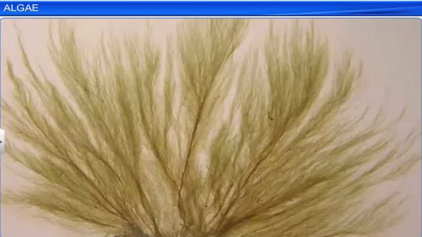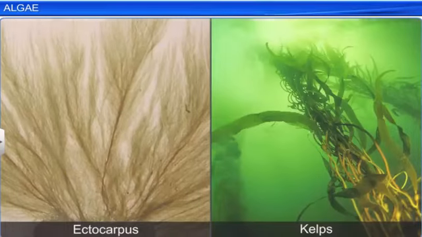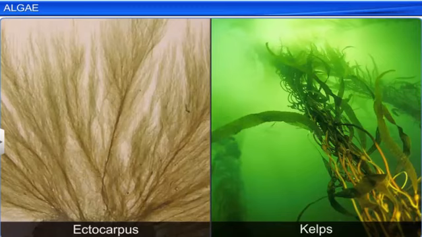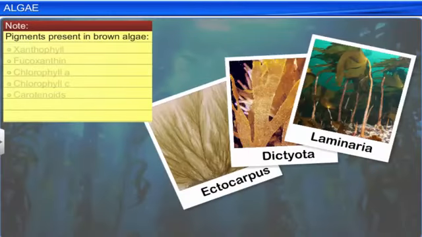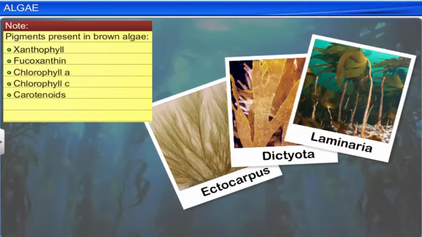For instance, Ectocarpus displays filamentous form, whereas kelps are profusely branched and can measure 100 meters in height. They also vary in color due to the varying concentrations of the pigments, xanthophylls and fucoxanthin. Apart from these pigments, chlorophyll A, C, and carotenoids are the other major pigments found in brown algae.